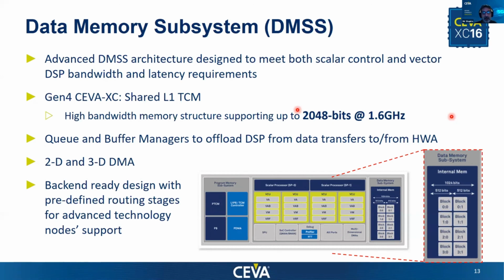You have one master AXI port, but you can instantiate several auxiliary master and slave ports to build all sorts of clusters and to have direct access to hardware accelerators. So a lot of thought and design effort was made in this core, improving the pipeline and having predefined routing stages to really allow very fast operation in advanced technology nodes.